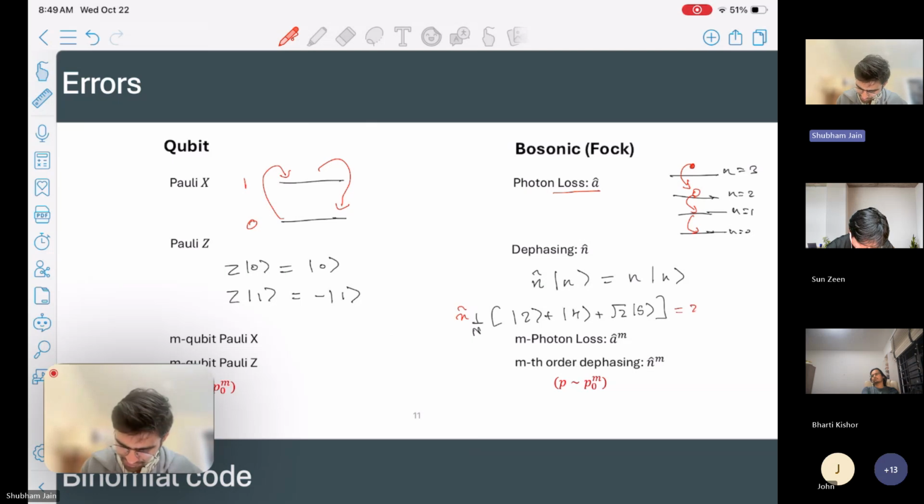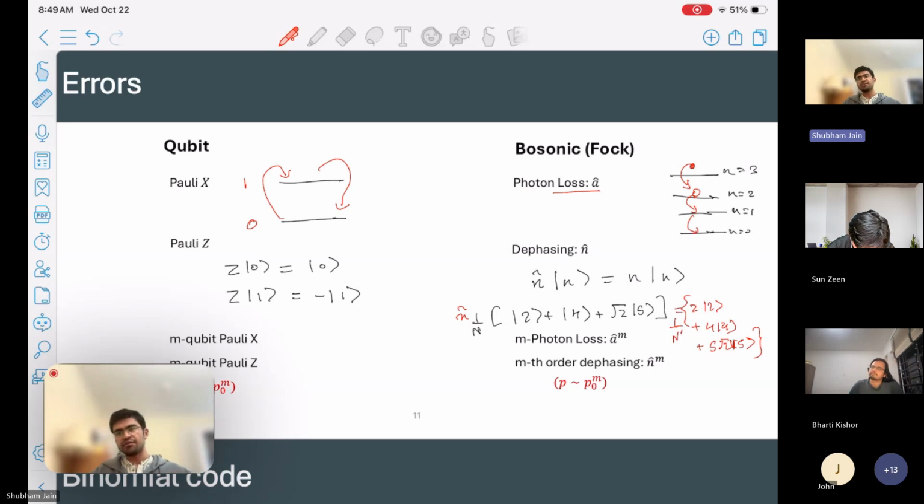Then this will go to |2> + |4> + 5|5>, again up to some normalization. Sorry for the sloppy writing, but what it did is shift the balance between how much these different states contributed. So it can interfere with the coherences that you had in your initial state, and it's a completely different state essentially by introducing some phases effectively.